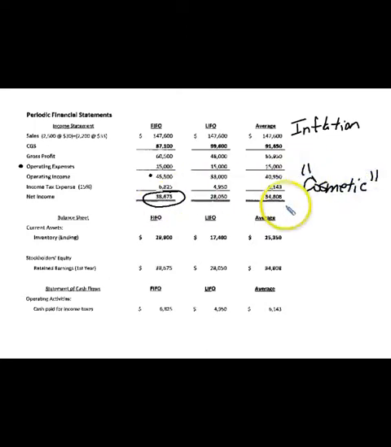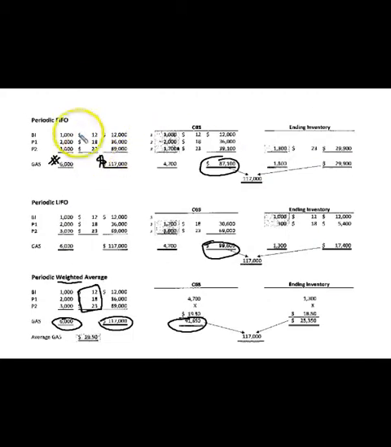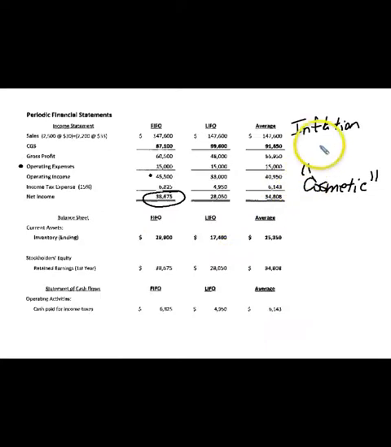The differences here are cosmetic because we know we bought the same units at the same cost. How we cost it then is somewhat cosmetic. So in periods of inflation, FIFO is going to give the appearance of larger profits.